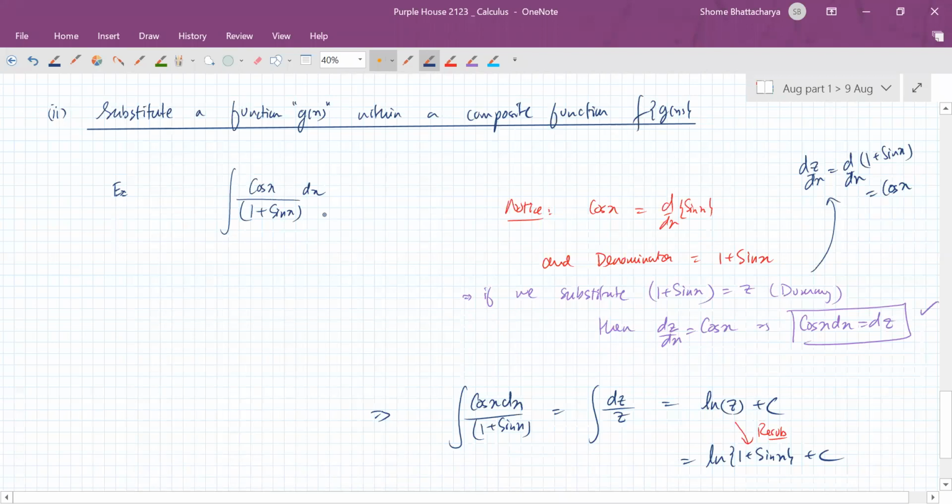Understood now? Yes, sir. Sir, how will we identify at a given time that it is a composite function? That you have to learn with practice, na?